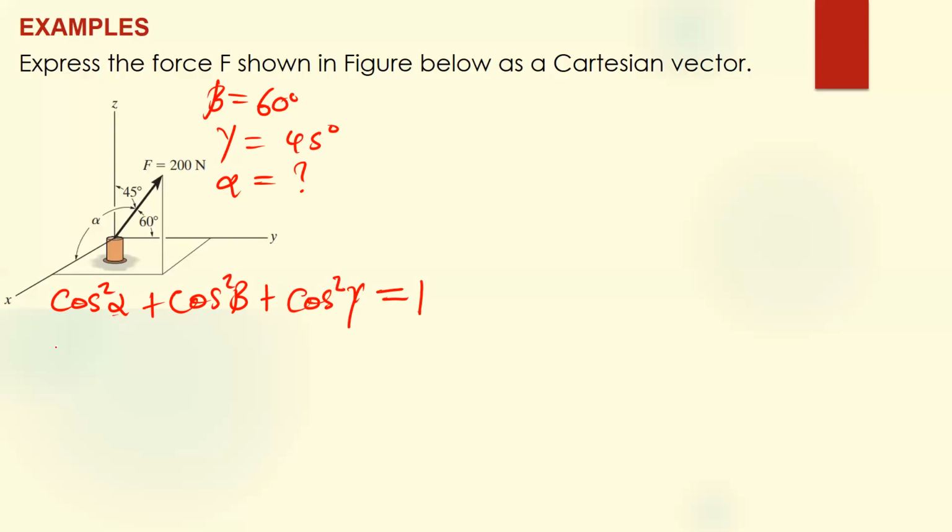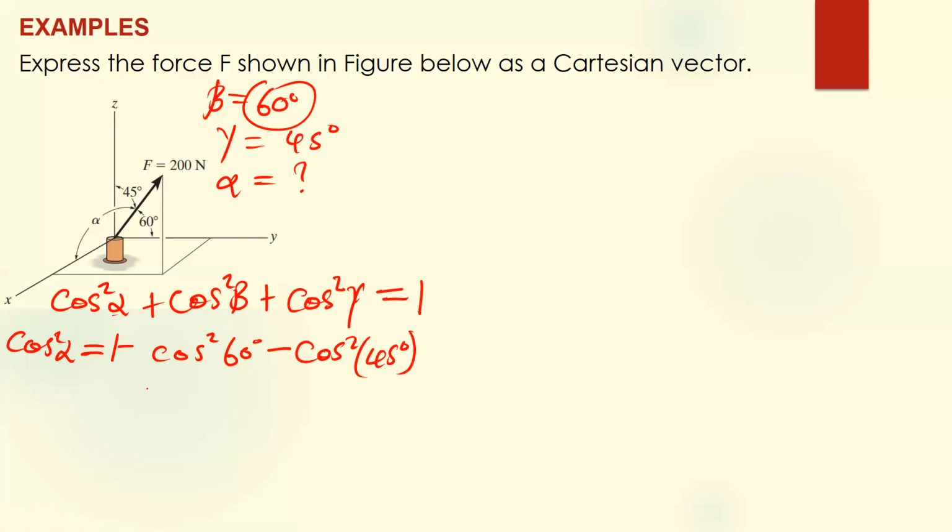Alpha is not given, so we can make cos squared alpha the subject. So we have cos squared alpha being equal to 1 minus cos squared beta. So what is our beta? 60 degrees, so we can replace it there. Then we have minus cos squared gamma, which is 45 degrees.